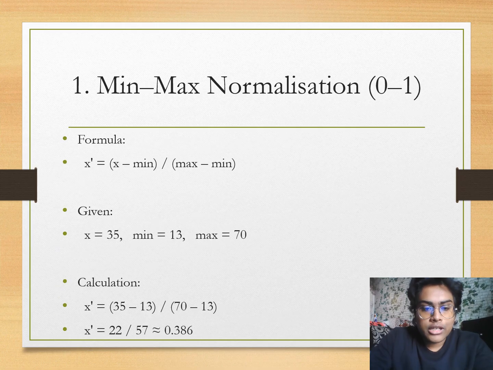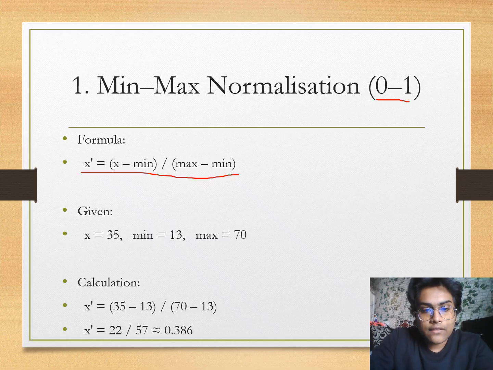First is min max normalization, with the range 0 to 1. I discussed this formula in my previous video, so you can watch it to understand it properly. x dash is equal to x minus min, the minimum value of the data set, divided by max minus min.